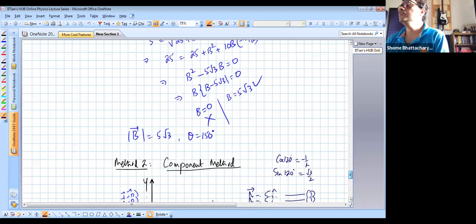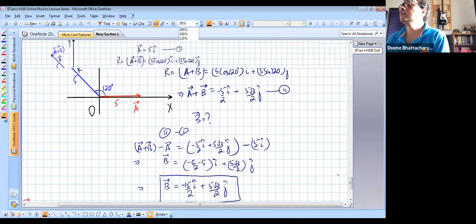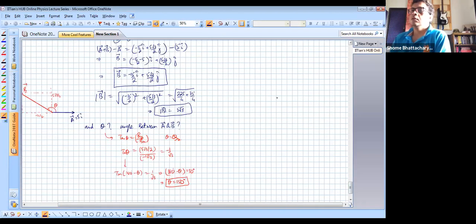Component form, this is the solution. Meanwhile, you keep doing the question I just gave, and then I'll put it up in a moment.